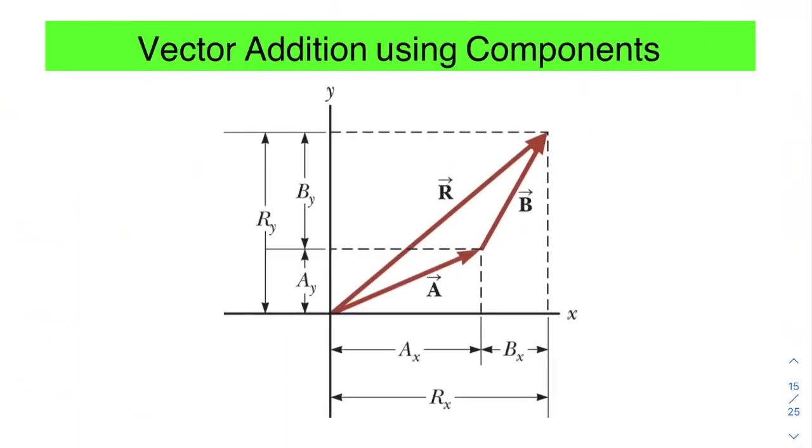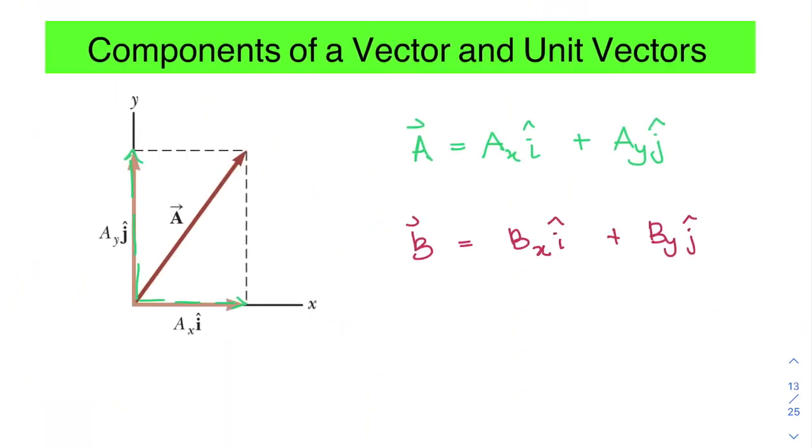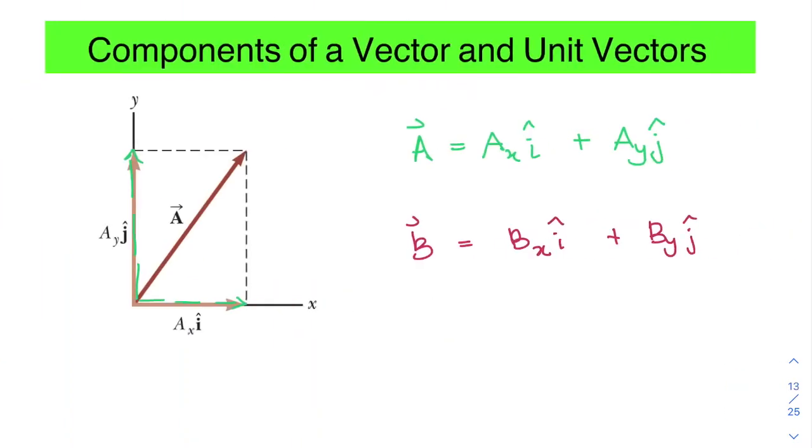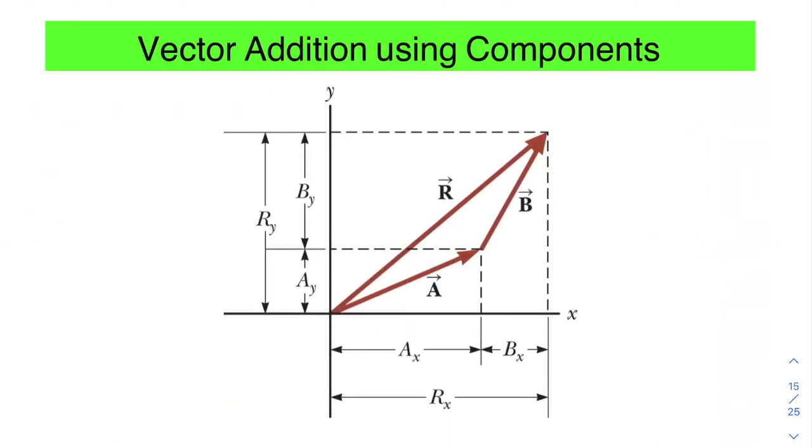Next, vector addition using components. What we have done previously in terms of the table, indirectly, is the same as this method.